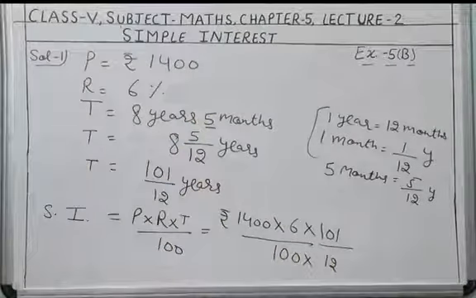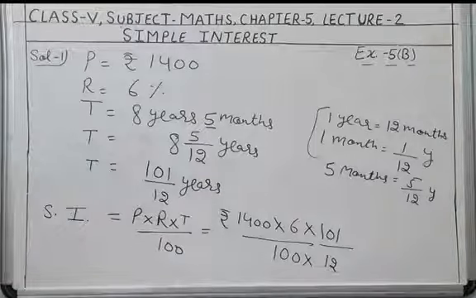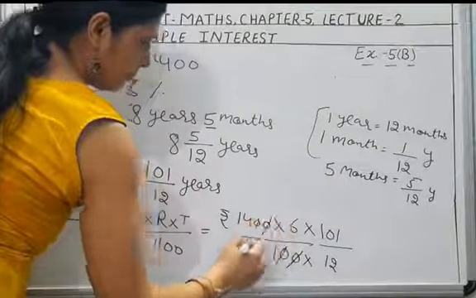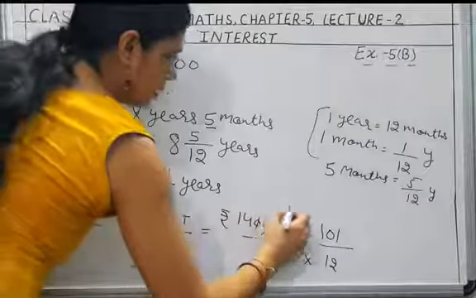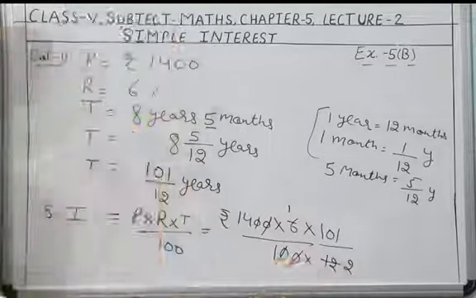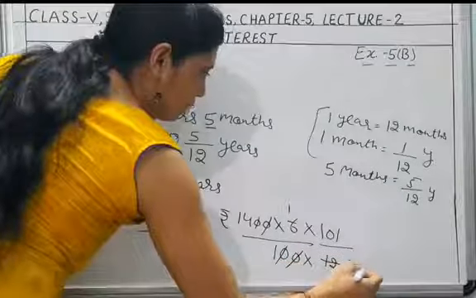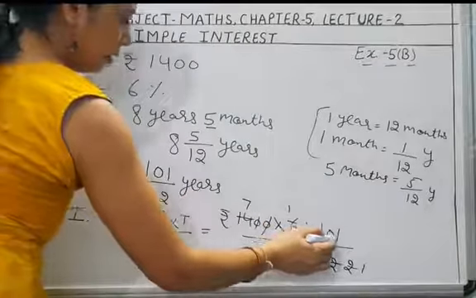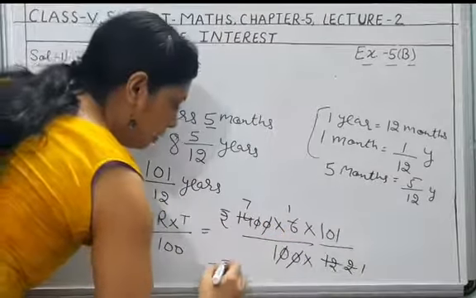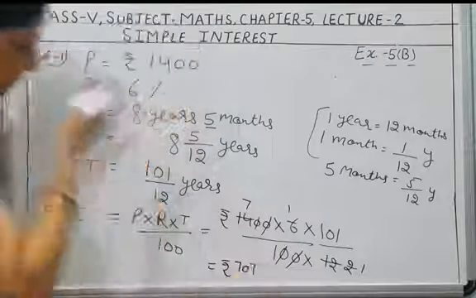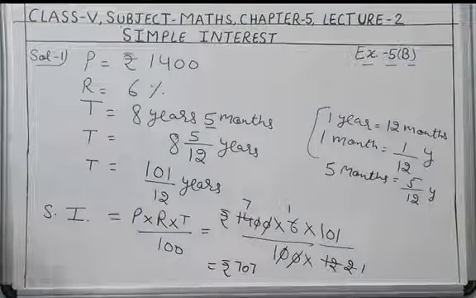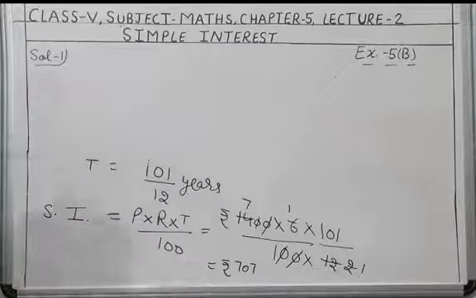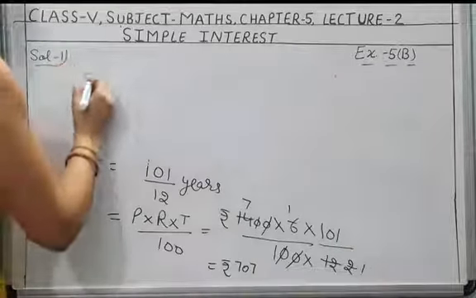Understood? Now do cancellation of these zeros. 6 1s are 6. 6 2s are 12. 2 1s are 2. 2 7s are 14. Now 7 multiply 101. It will become rupees 707. So simple interest is rupees 707.